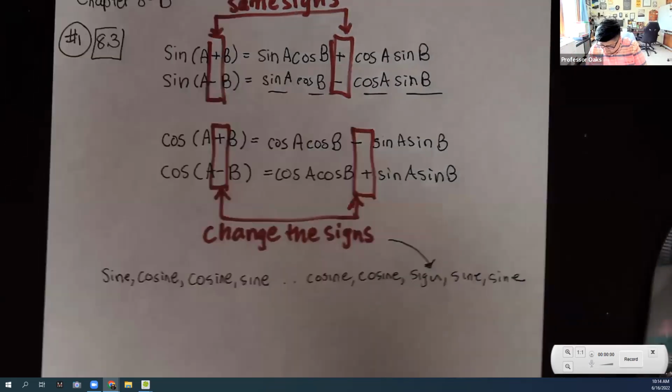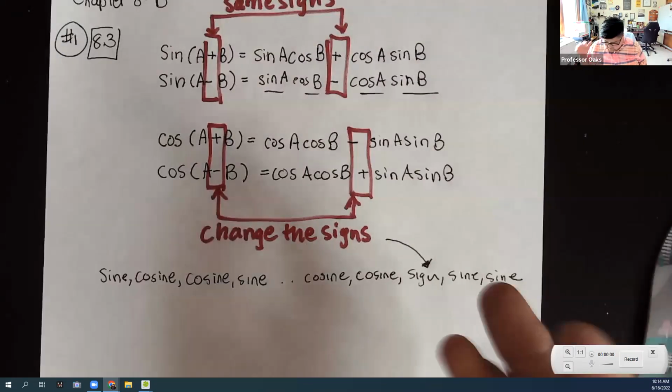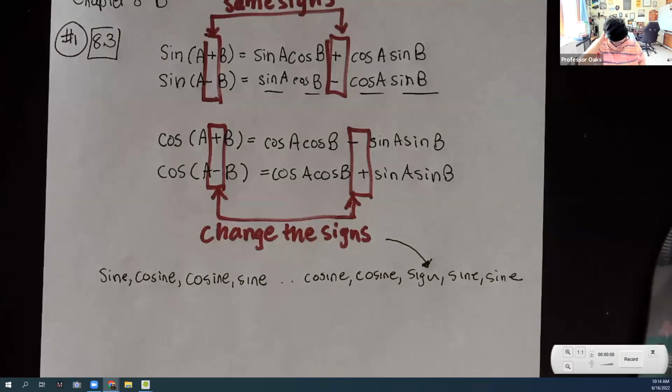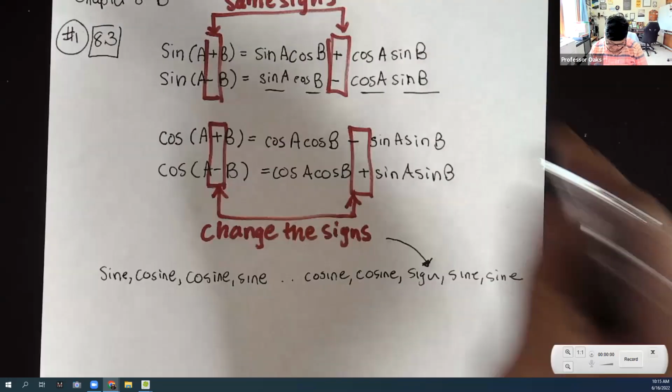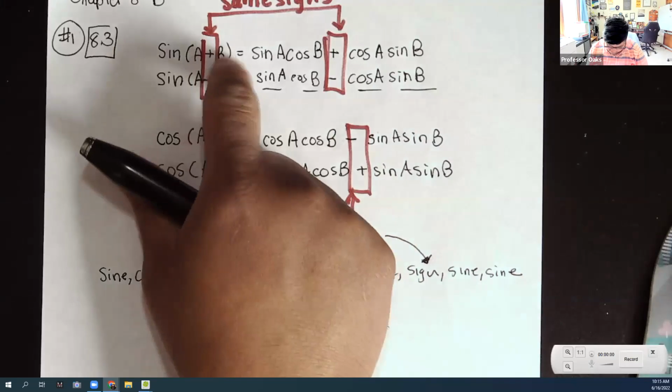Anyway, if you're looking for a pattern to remember these, this is one way you can do it. Then if you go into a problem using these formulas, if you ever see a pattern like this, you should think that you're going to the adding or the subtracting formula.